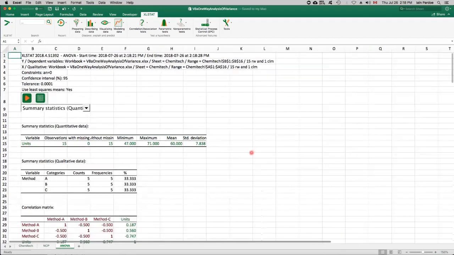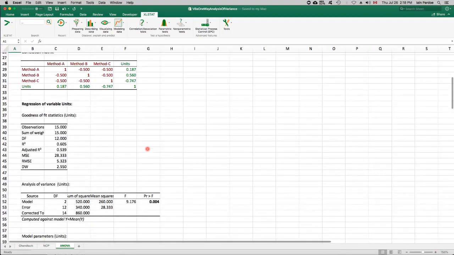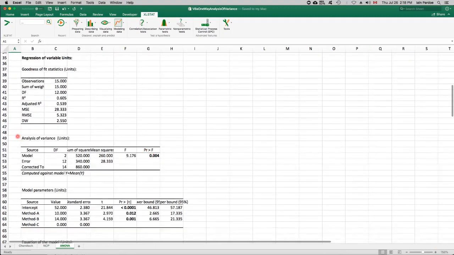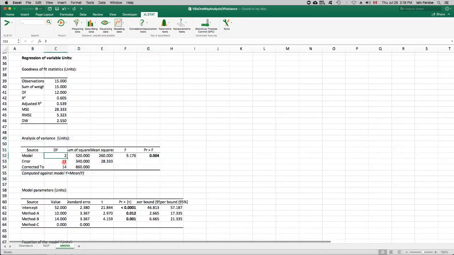All this stuff we're not going to worry about. We're going to worry about this table here. So this is the analysis of variance table, and it's the same as we calculated by hand.